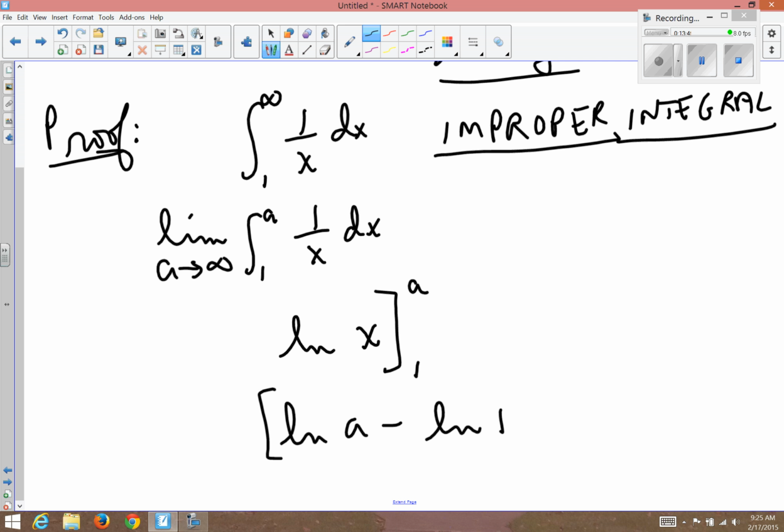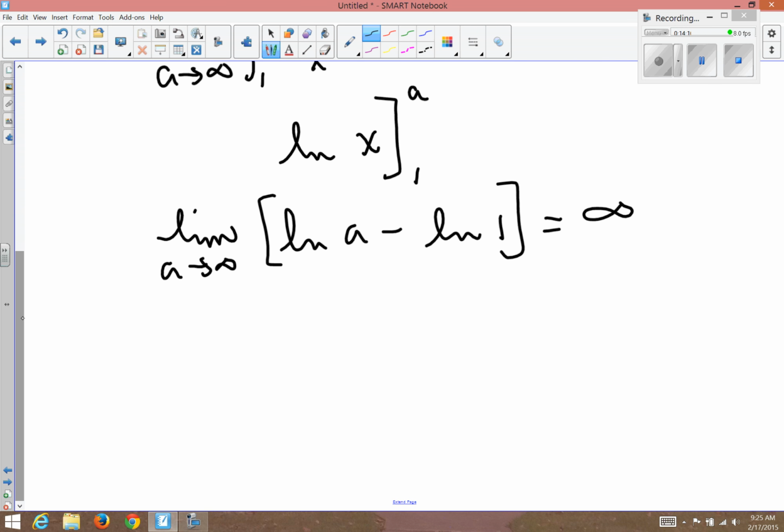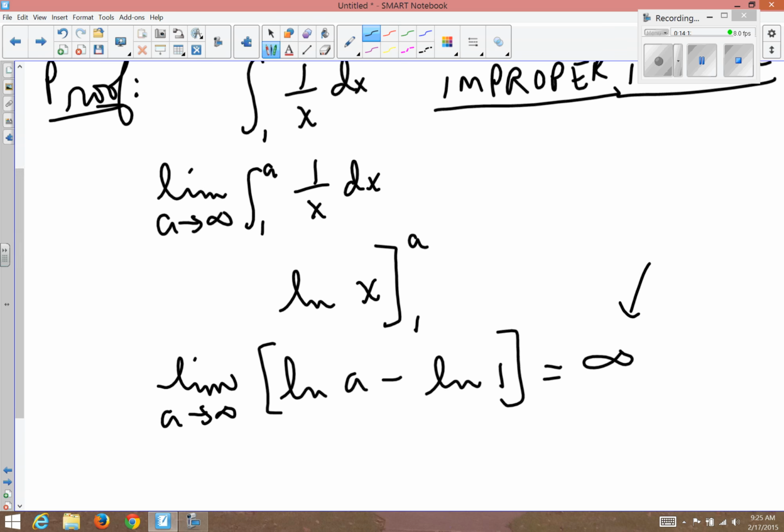And we need the limit of what we have there as a approaches infinity. A is approaching infinity, and the natural log of infinity is infinity. Natural log of 1 is 0. Infinity minus 0 is infinity. When we get this for our improper integral, we say the improper integral diverges.